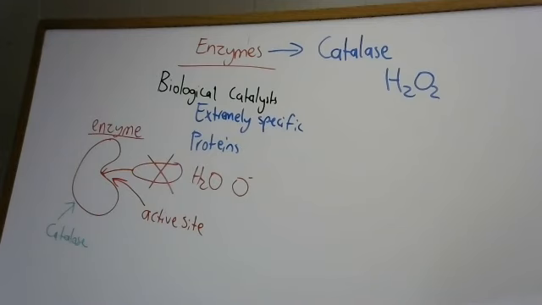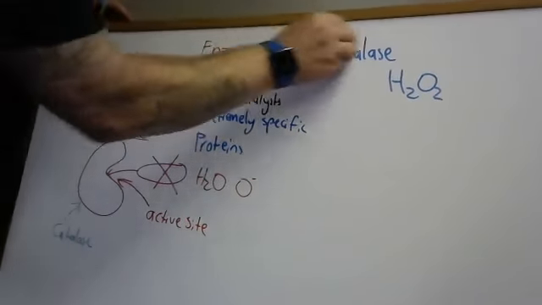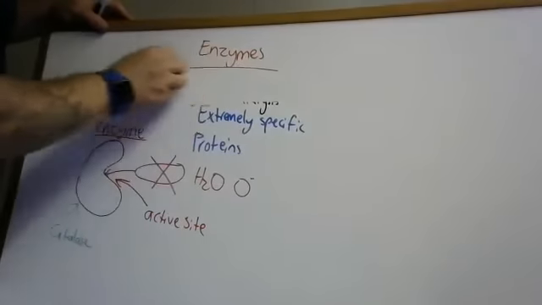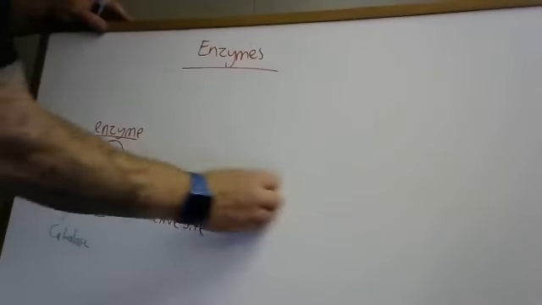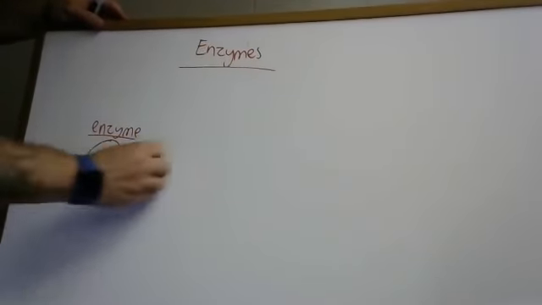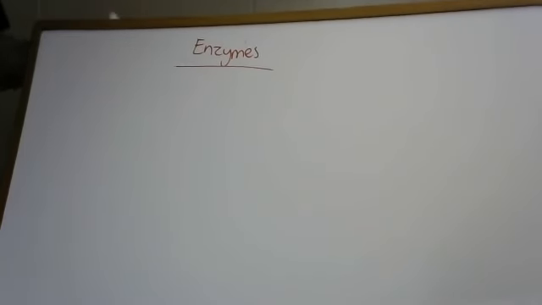Oxygen free radicals, whatever you want to call it. There are 7 different classes, and I'm not going to write them all down, I'm just going to skip them. Their names are based on what they do, and you don't need to have a massive understanding. So oxidoreductases, transferases, hydrolases, isomerases, ligases, or translocases. You don't need to know them all, but the names are indicative of what they do.